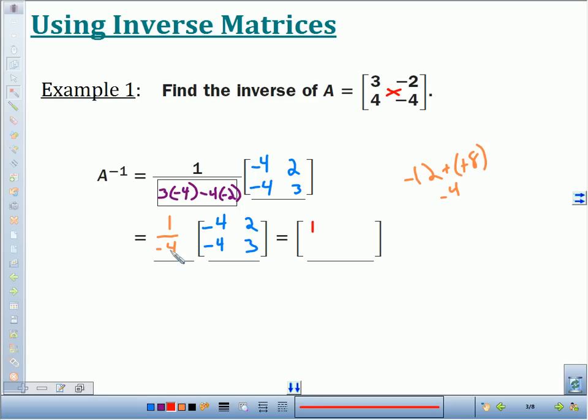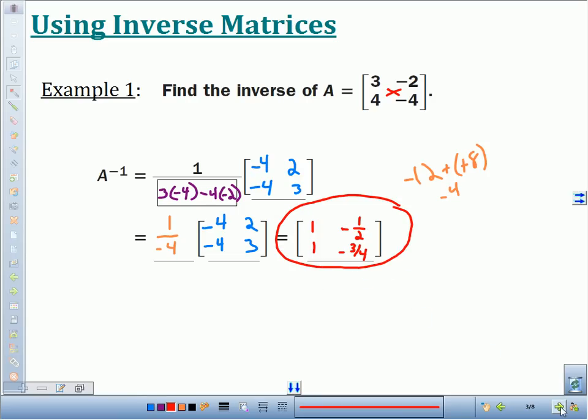And I get the same thing when I multiply this, -4 times -4, +1. -1/4 times 2 is -1/2. And -1/4 times 3 is -3/4. I could have also written these as decimals, -0.5 and -0.75, but it makes no difference. And this is my inverse matrix.